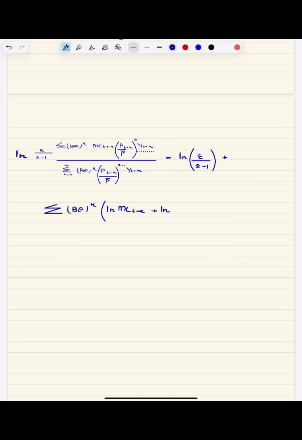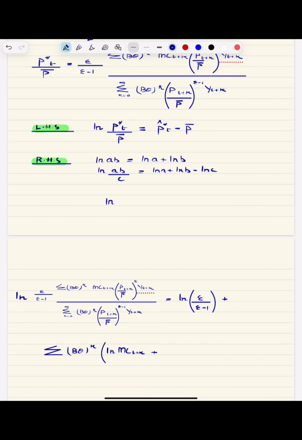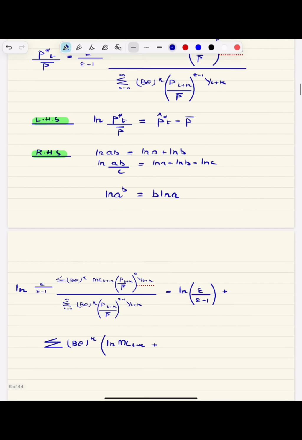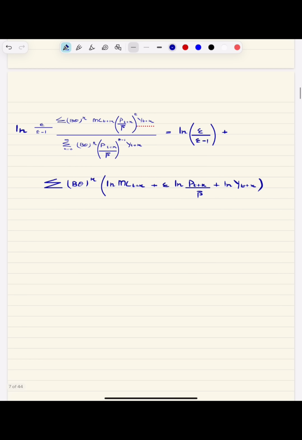Actually, let's just use the power law. Remember, the power law is that ln a to the power b is b ln a, right? So the power is epsilon, so I can just write epsilon there and keep the ratio. Then we have a plus ln y t plus k. Phew, that's done. And k goes from 0 to infinity.